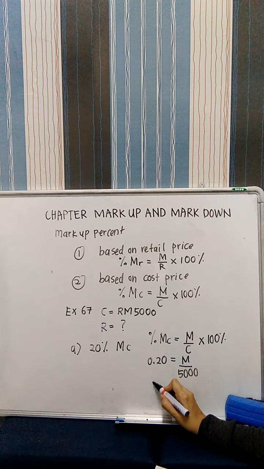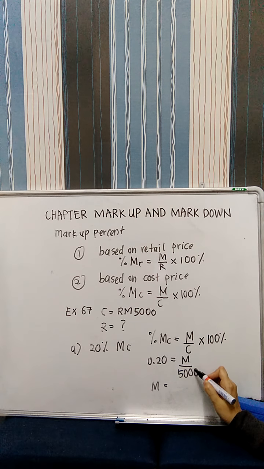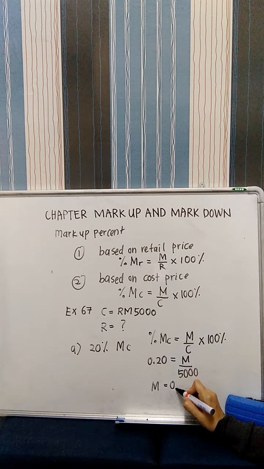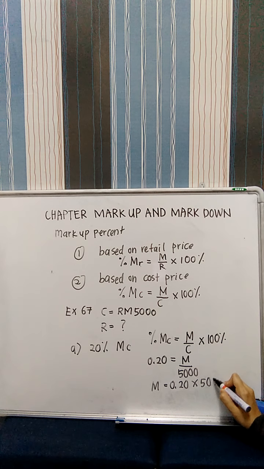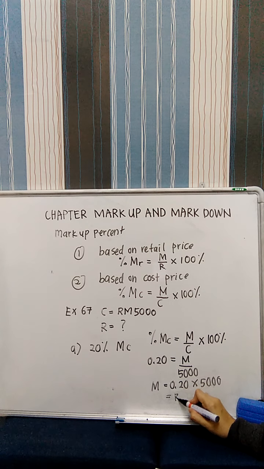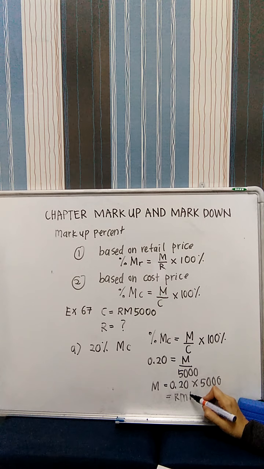Then you find the value of M. The operation here is divide, so you change to the left and it becomes 0.20 times 5,000. So the value for M, markup, is RM 1,000.